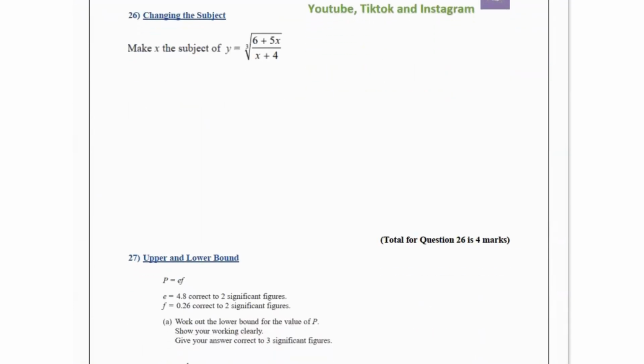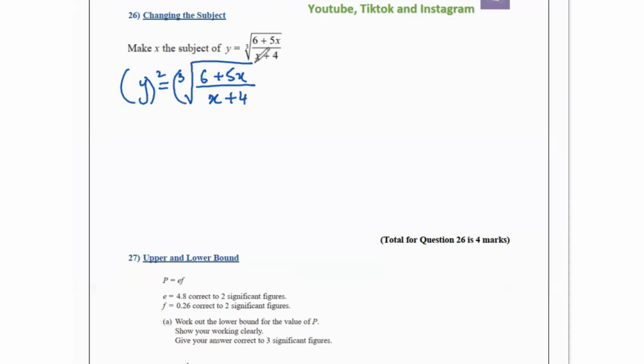Then it says make x the subject of y equals cube root of 6 plus 5x over x plus 4. So first we get rid of the cube root sign, and that is only possible if we take the cube on both sides.